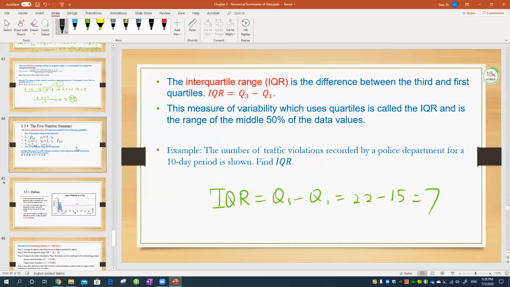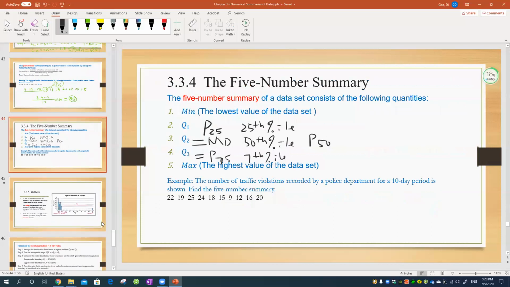So let's just write down Q1 equals 15, and then Q3 equals 22.